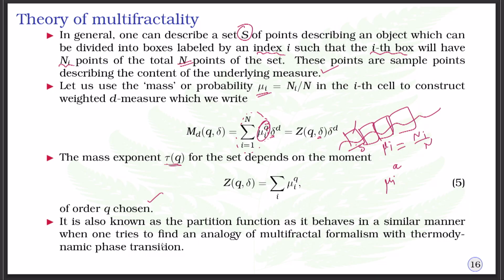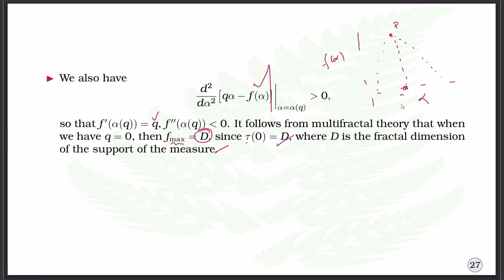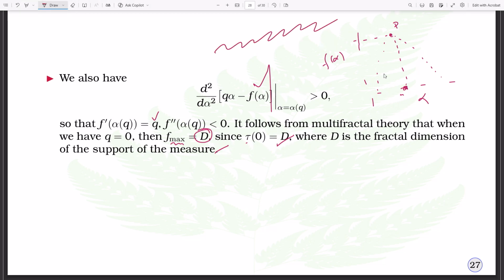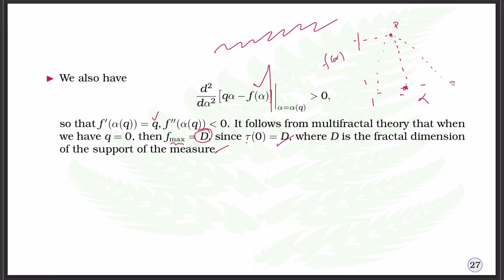If you draw the multifractal spectrum, the mass exponent gives a fractal dimension, so for the same set we get multiple fractal dimensions. Whenever the structure is more irregular, we get a concave curve.